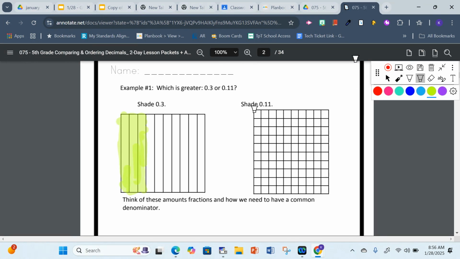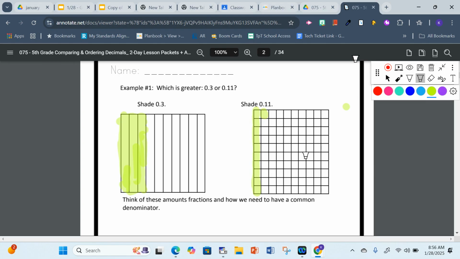Okay. Now we're going to shade 11/100ths. So I don't want you to confuse. Let's just look at this. How many tenths would I shade? Look in the tenths place value. How many tenths? 1. So that means 10 of these little squares make 1/10 right here. Do you agree that's the same amount as over here? Okay. And then how many of the squares do I shade? 1. Okay, that's 11/100ths.